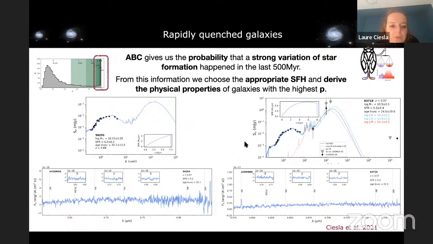You have here two examples of galaxies, and you see clearly the quenching at the end that was expected from the probability. So when we use SIGAL on the sample, we use the probability to select the galaxies, but the code doesn't know the probability when it fits. So this is a confirmation of what the method gave us.